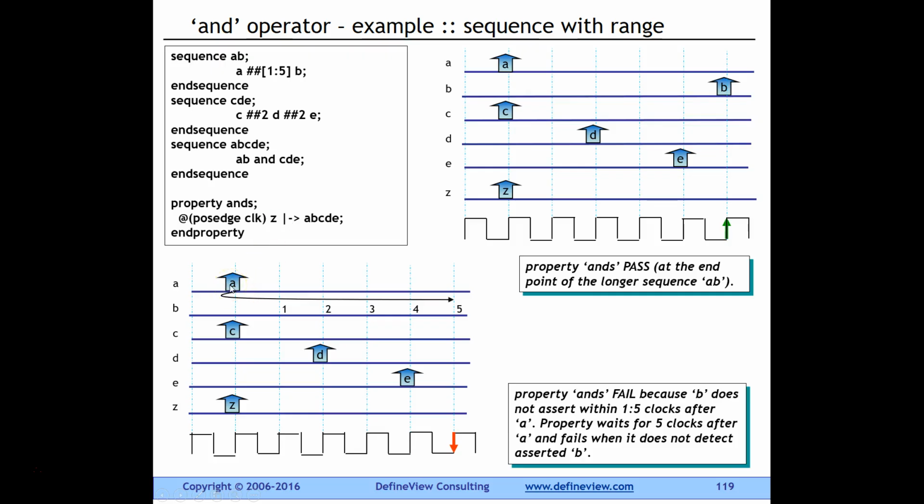So A and CDE. CDE seems to meet its requirement, but B doesn't arrive for 5 clocks. And hence, it will fail at the end of the longer sequence because we wait for the long sequence. And if it doesn't meet its requirement, then the AND will fail. It's rather intuitive.